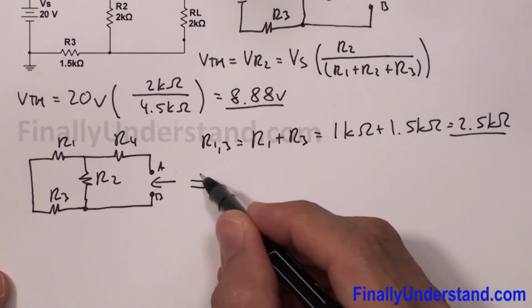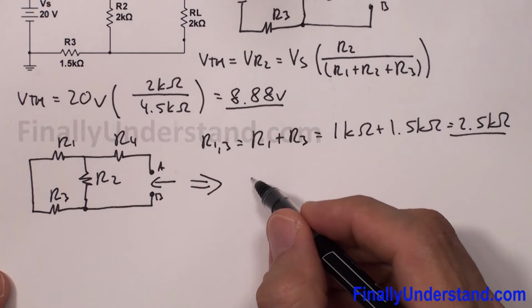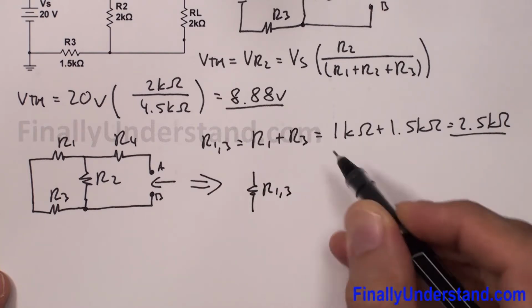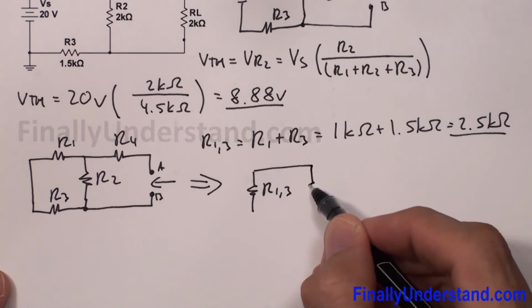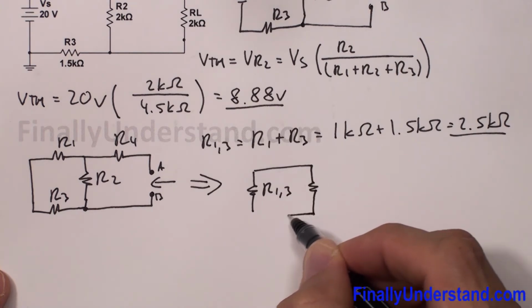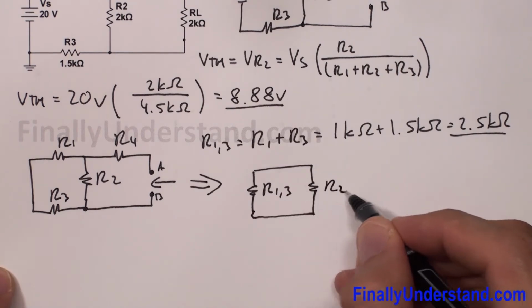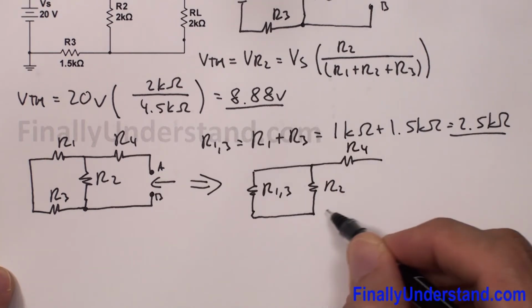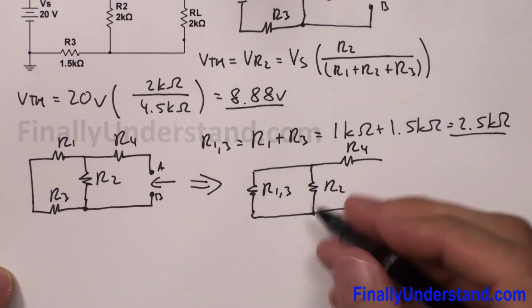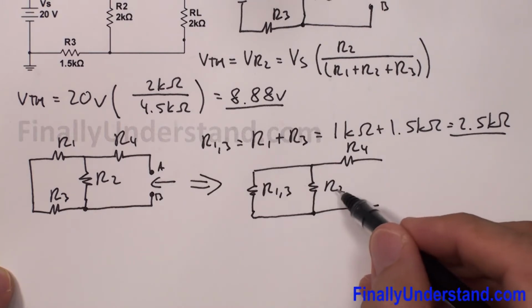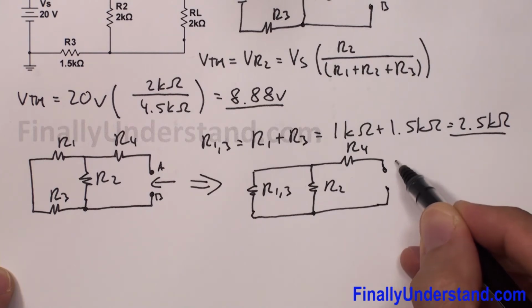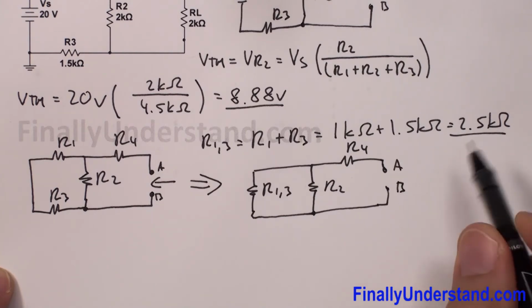So I have resistance R1,3 in parallel with resistor R2, and this is my resistor R4. Now you can see that resistor R1,3 is in parallel with R2. And here I have my points A and B.